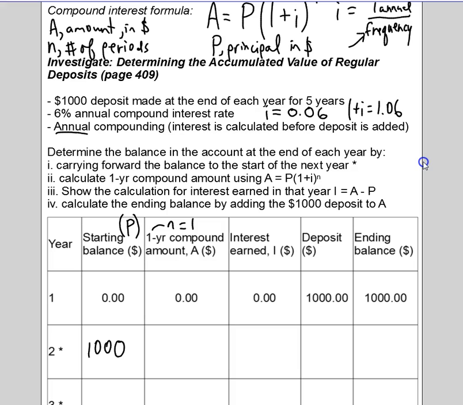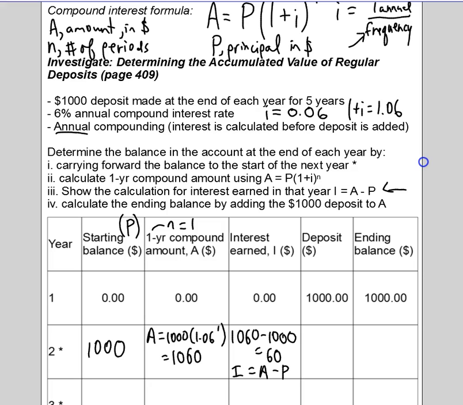So it would be 1,000 multiplied by 1.06, earning interest all year long, and that would give you 6% of $1,000 is $60, which means that at the end of that second year, that $1,000 starting balance has grown to 1,060, which means we earned 1,060 take away 1,000, or $60 of interest. To calculate interest, we take the amount and subtract the principal as shown above.